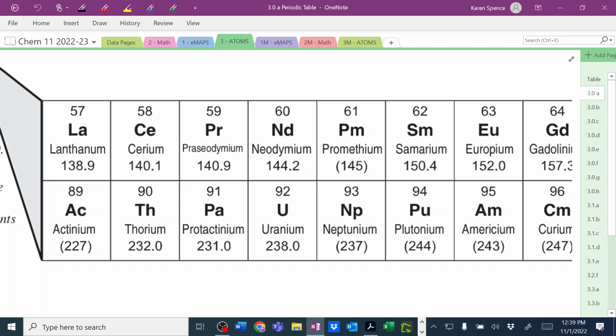They're called the lanthanides. This one down here is called actinium. Actinium, can you guess what this row is called? The actinides. So we have the lanthanides start with lanthanum, and the actinides start with actinium.